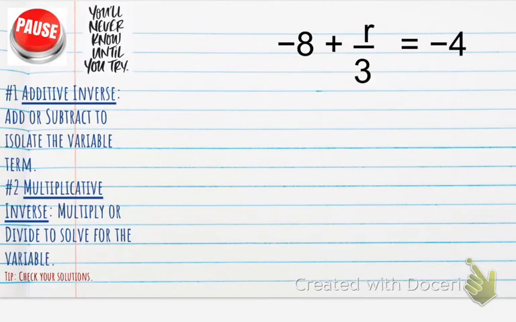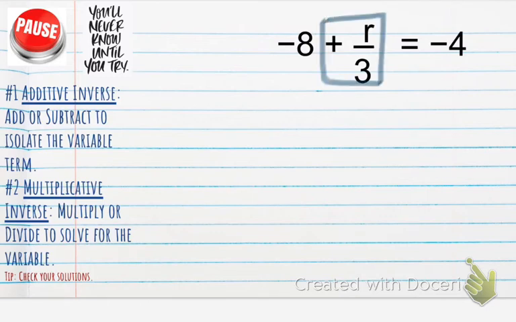Now you try. Go ahead and pause the video. You never know until you try. Did you remember to isolate the variable term? What is it? If you said r divided by 3, I agree.